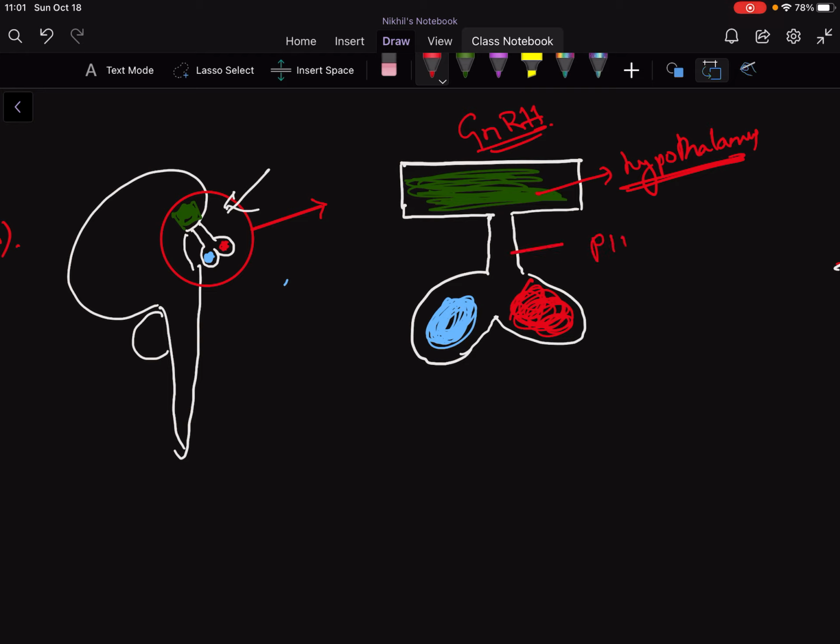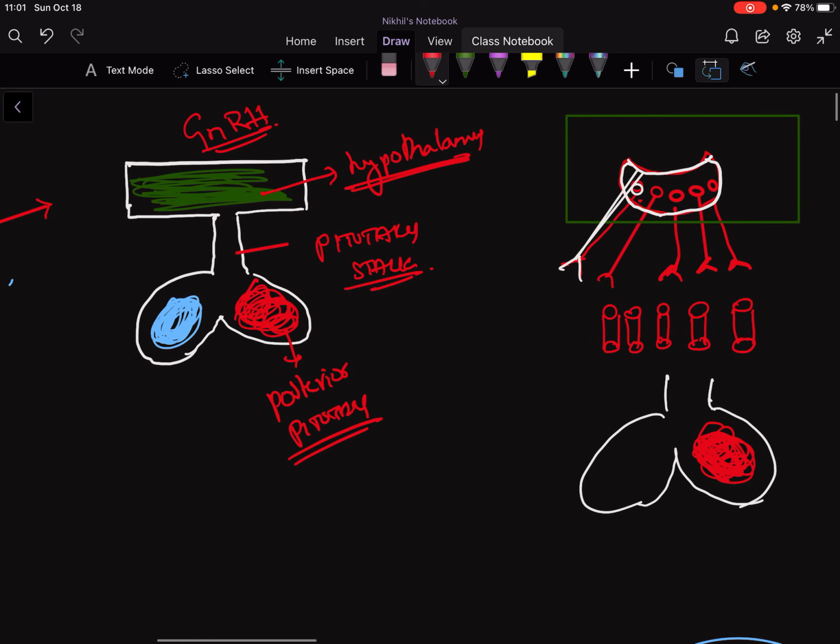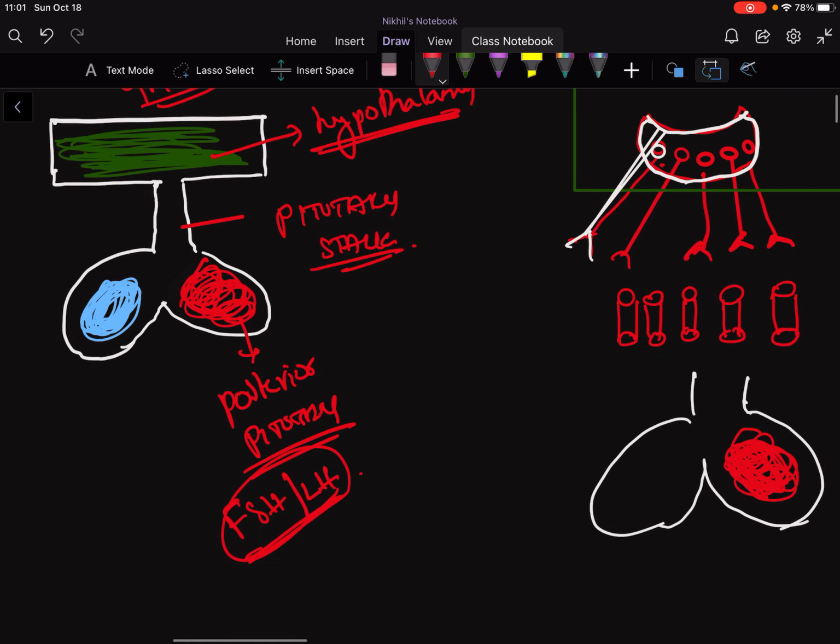So this is the pituitary stalk here, and this one is the posterior pituitary. You have to remember this one. The two hormones released from the posterior pituitary are FSH and LH.